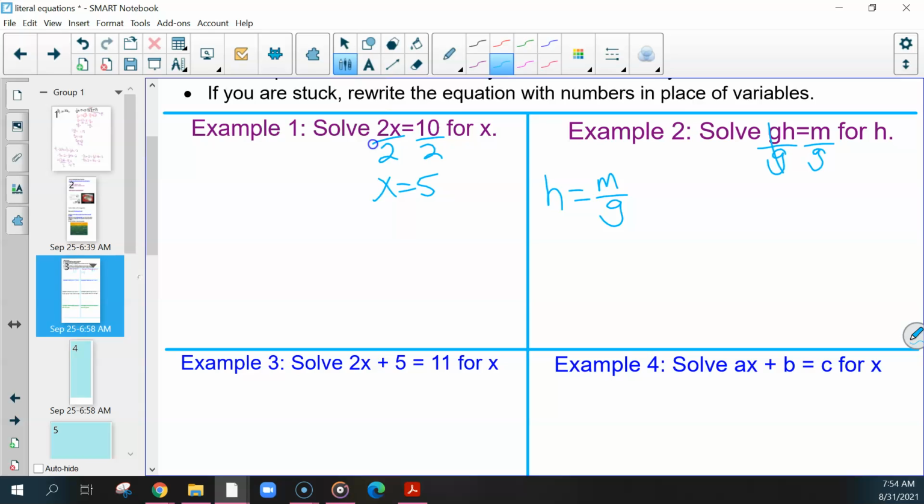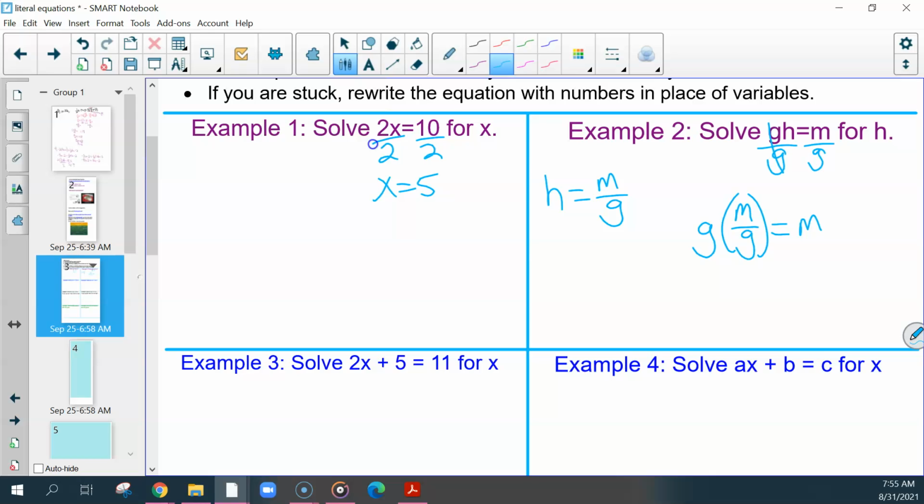You can still check literal equations. It just gets a little complex because they're letters and you don't have numbers. You just have to be careful. So where h is in the original problem, basically, when you're checking this, if you put it back in, once you solve everything, if you get a variable equals the same variable, then it works.